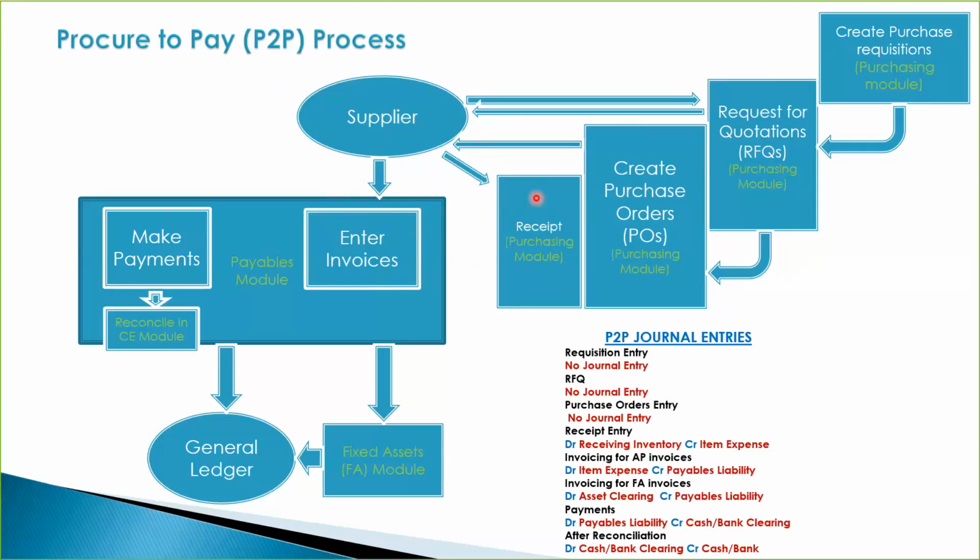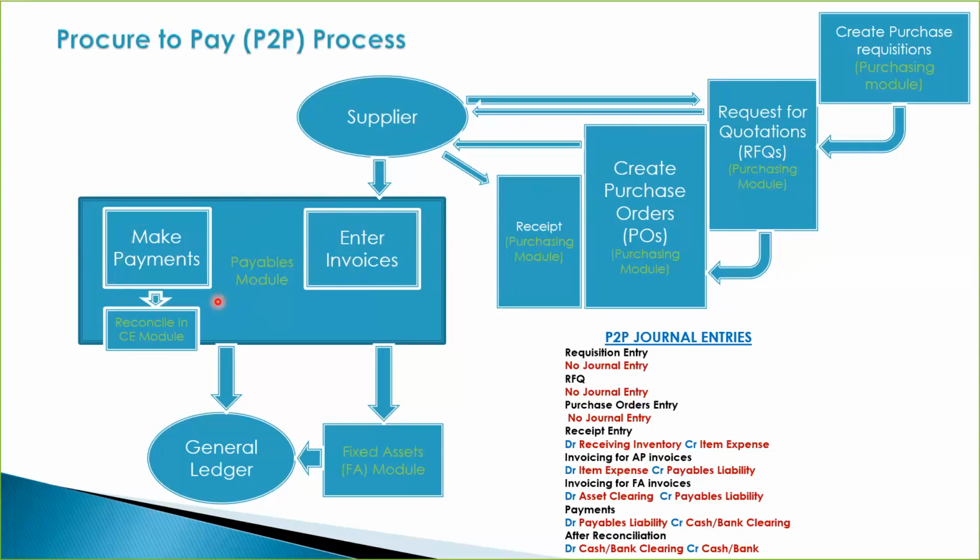So the goods will be received in the purchasing module, but the invoice will be entered in the payables module, or the accounts payables AP module. Any payment related to that invoice would also be entered in the payables module, depending on the payment terms.